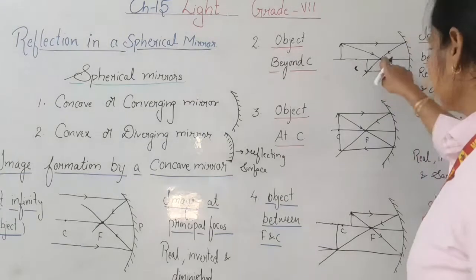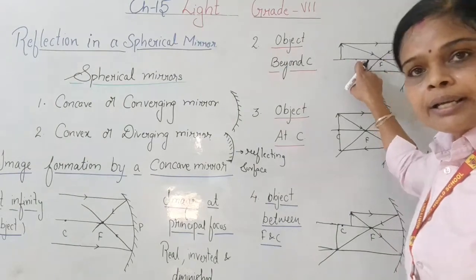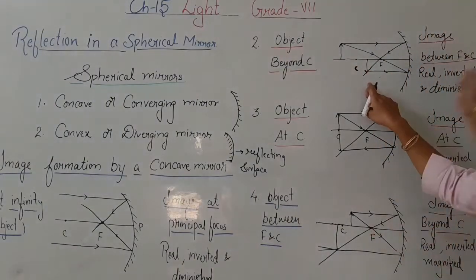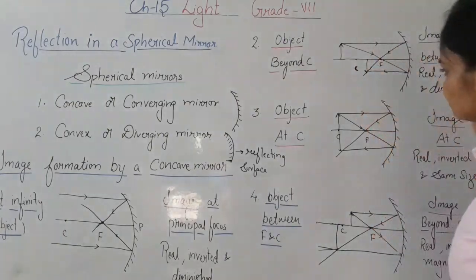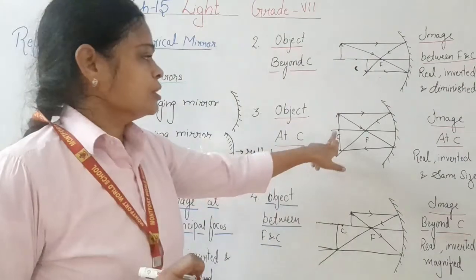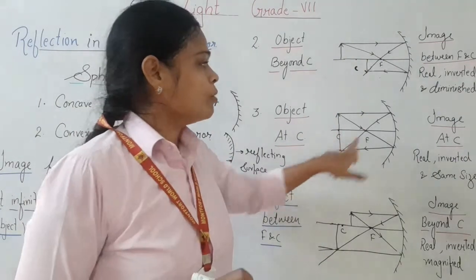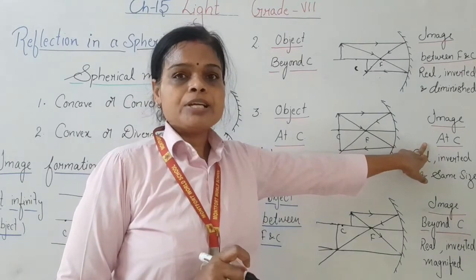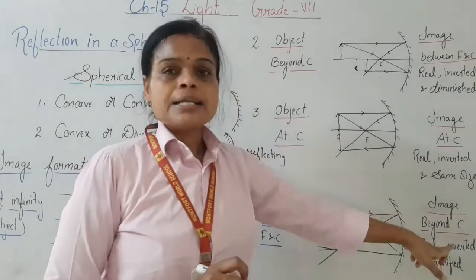The image is real, inverted and diminished. If the object is at the center of curvature, then the image is formed at C. This is real, inverted and the same size.